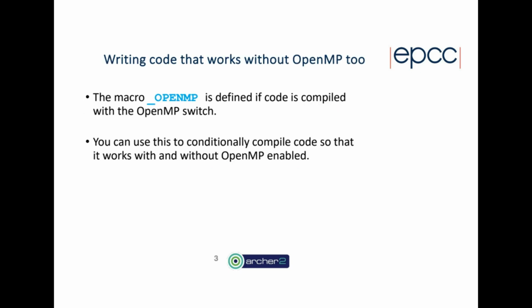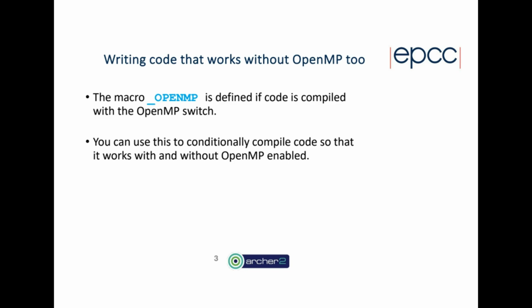The way OpenMP directives are designed, in C and C++ they're preprocessor pragmas, and in Fortran they are comments. That's a deliberate choice to help you write code that works both as OpenMP parallel code and as plain old sequential C, C++ or Fortran code.